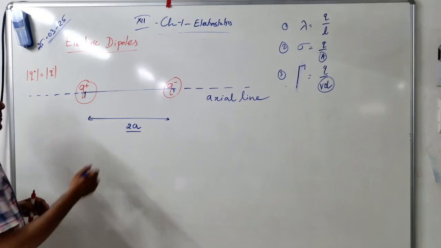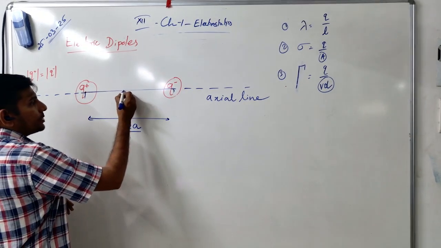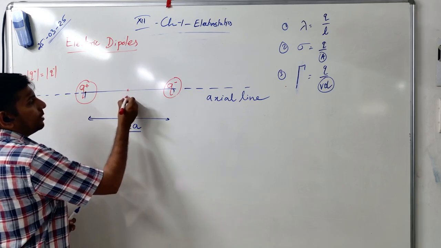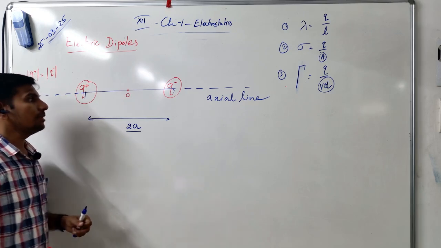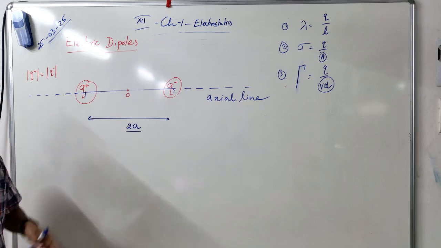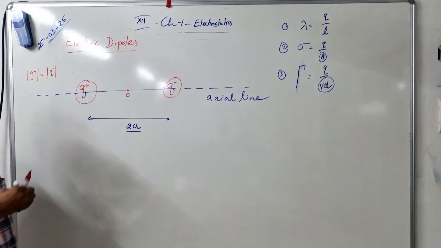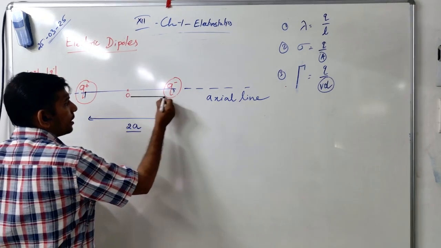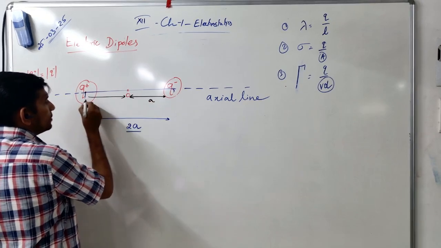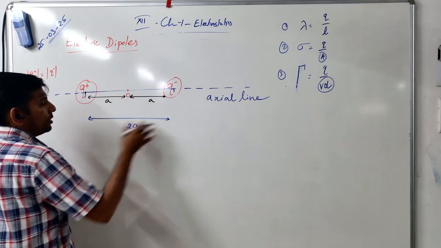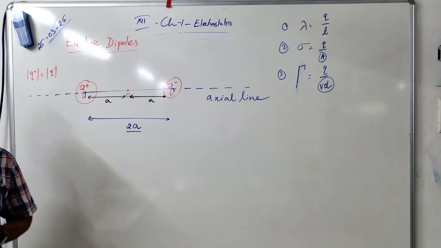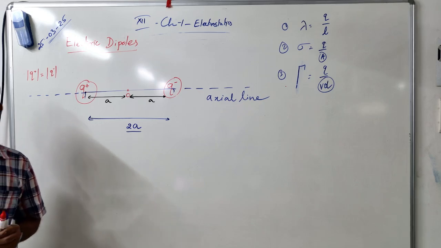Any measurement that we do for a dipole should be taken from the midpoint, called the neutral point or the midpoint O. This is the point from where we always do all the measurements. This distance is a, and this distance is also a. So put together, the total distance between the two centers is 2a. Noted?